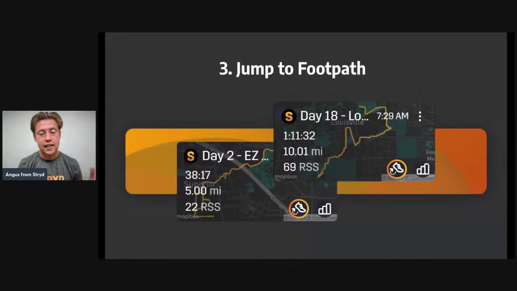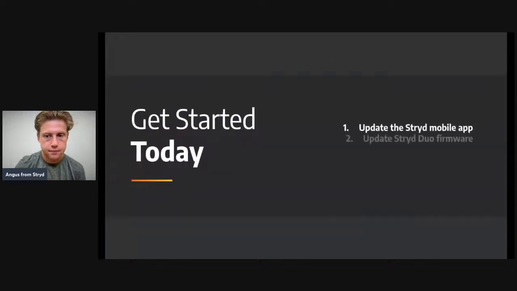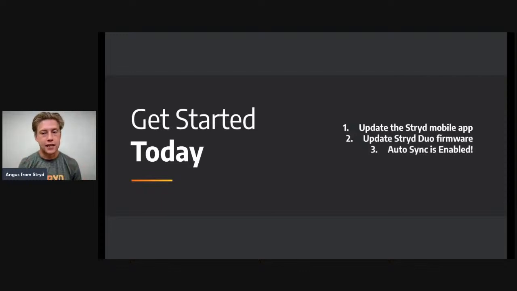And then once that's done, you can immediately go view your footpath information. So you can go tap into the updated calendar view on Power Center and tap that footpath sync icon, and you'll be able to see your Stryd footpath data and start analyzing it. And once again, this is available today, so you can download that Stryd mobile app update, the Stryd Duo firmware, and you're going to have that auto sync enabled.